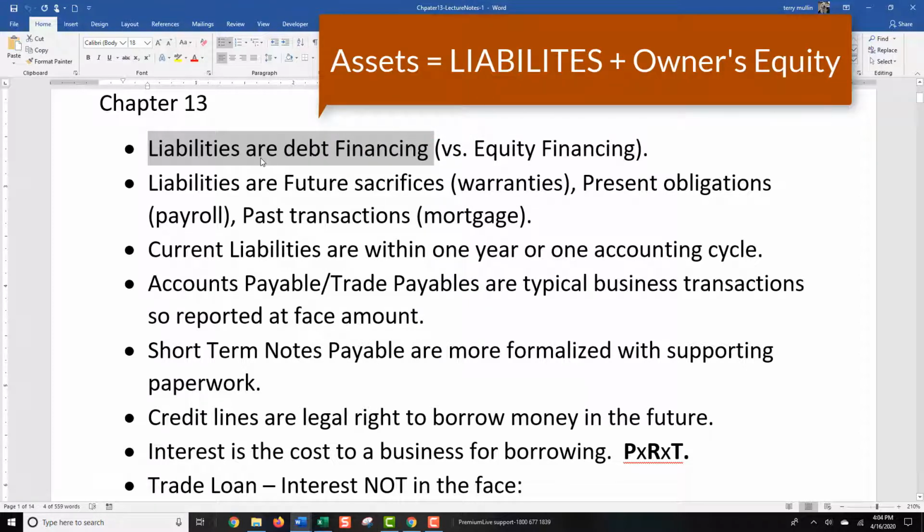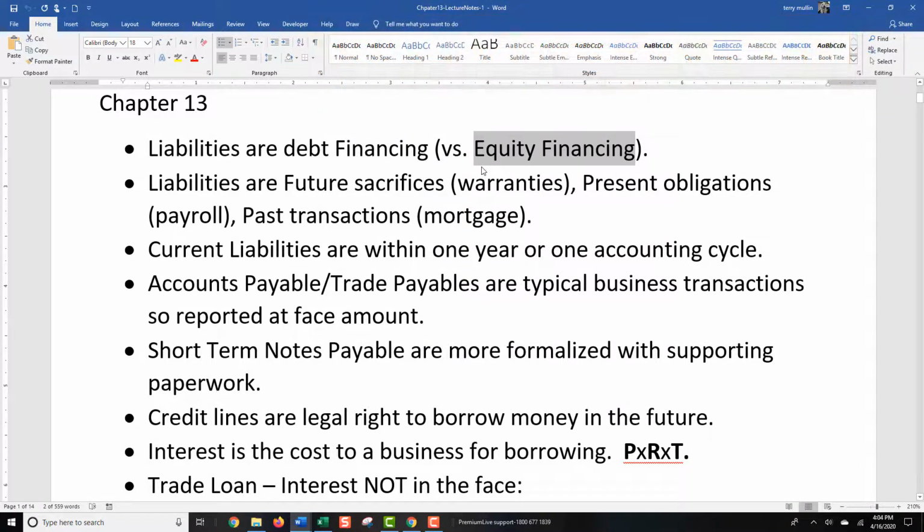So if you think about your equation, again, assets equals liabilities plus equity. The liabilities are using other people's money to pay for our assets, as opposed to equity financing. That's where we're selling common stock or preferred stock, or we're just earning the money, retained earnings, to pay for our assets.